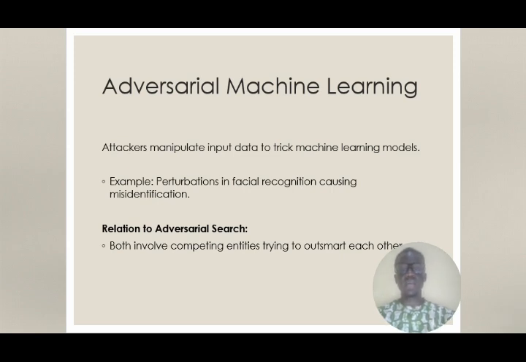An example would be perturbations in facial recognition causing misidentification. Changing a few pixels in an image might make a facial recognition system misidentify a person, maybe so you can log into a system using a person's facial identity. Its relation to adversarial search is that they both involve competing entities trying to outsmart each other.